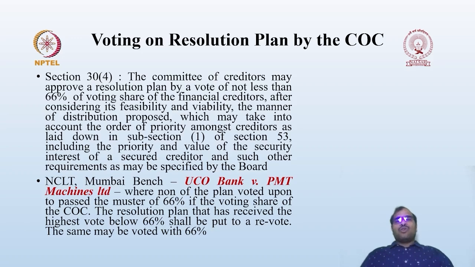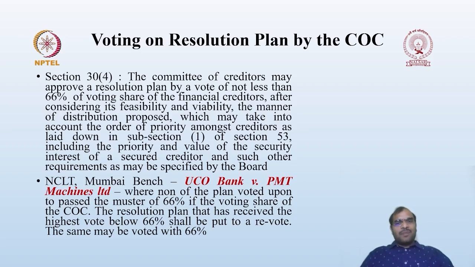The NCLT Mumbai bench, in the case of UCO Bank versus PMT Machines Limited, held the following. Take the example where the resolution professional placed various plans before the COC and none of the plans is approved with the 66% majority.